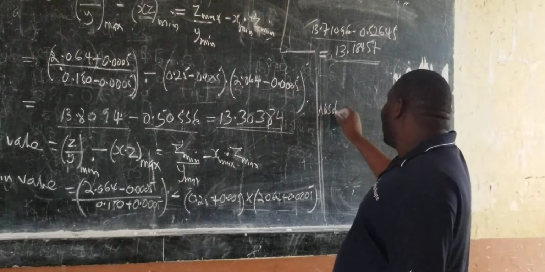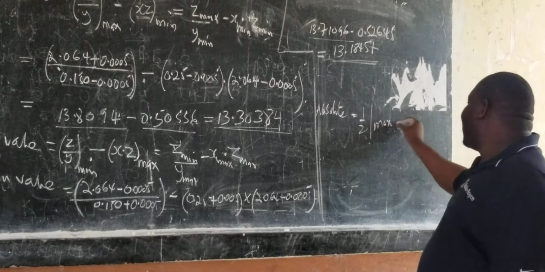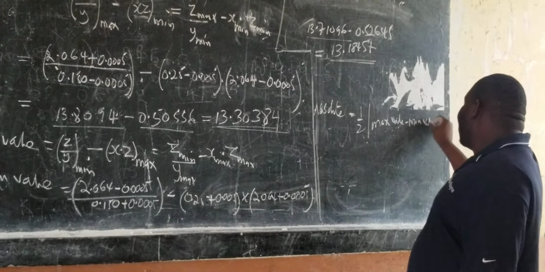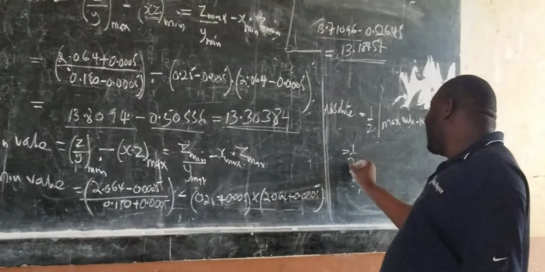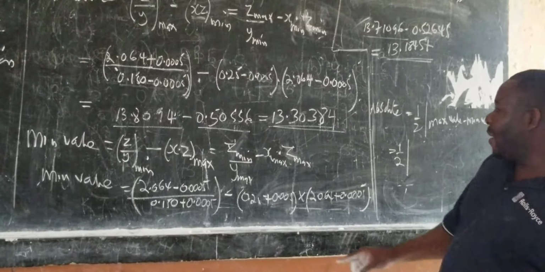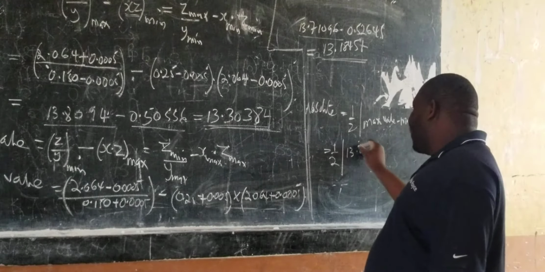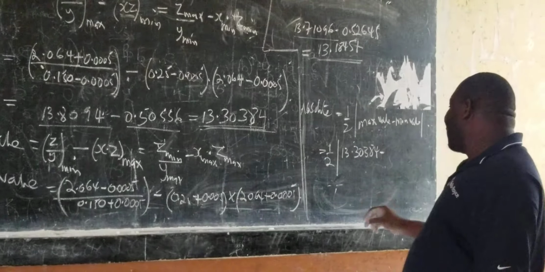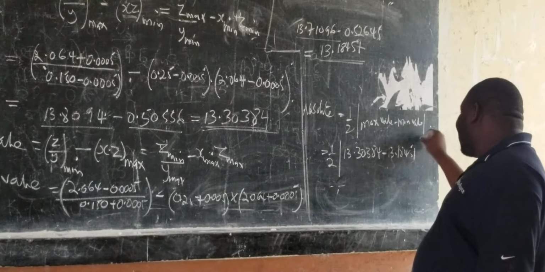The absolute error, we say that it is a half into the maximum value minus the minimum value. That's how we get the absolute error. We obtain the maximum value as 13.30384 minus the minimum value of the expression, which is 13.18451.